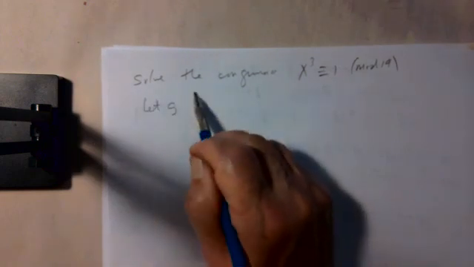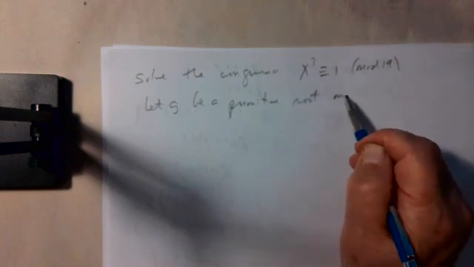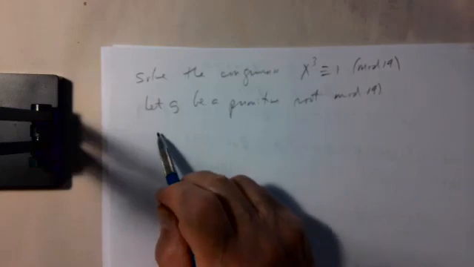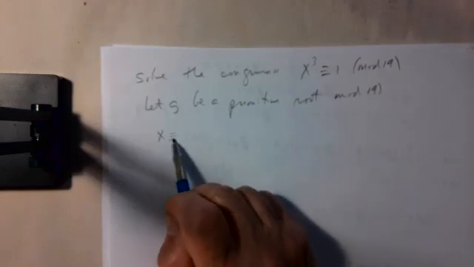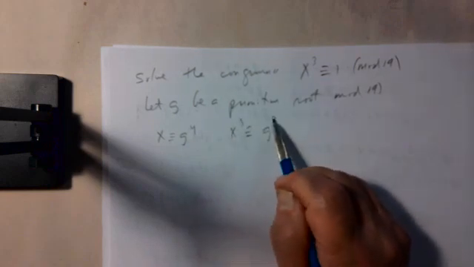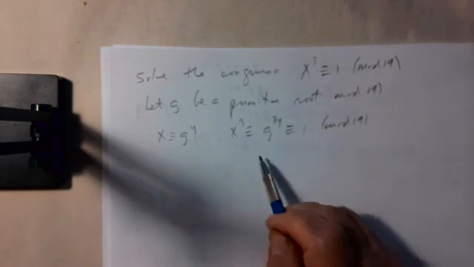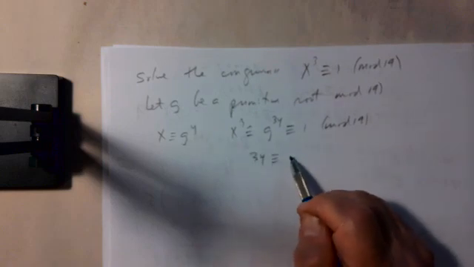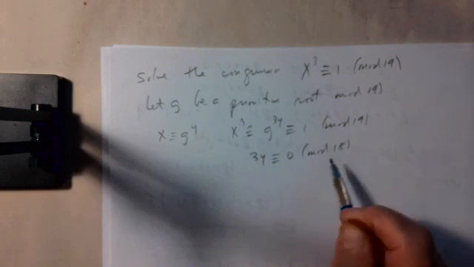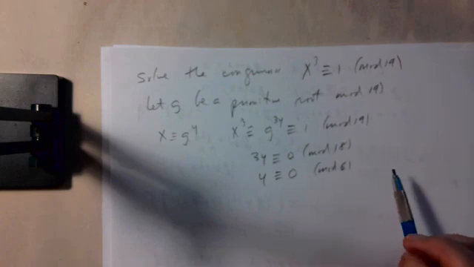So it would be helpful to have a primitive root mod 19. And then if x is g to the y, then we want to solve x cubed, which is g to the 3y, g to the y cubed, congruent to 1 mod 19, which means 3y has to be congruent to 0 mod 18, which means y is congruent to 0 mod 6.